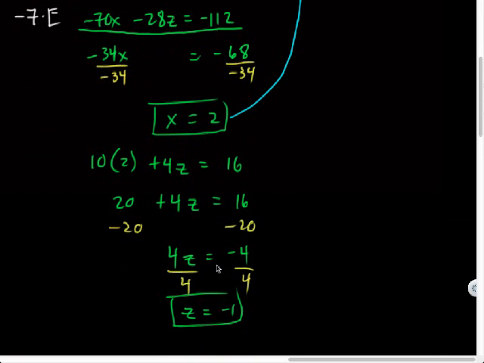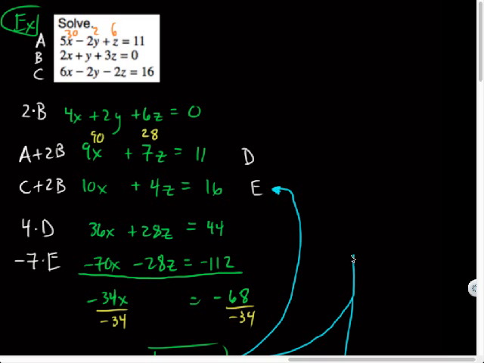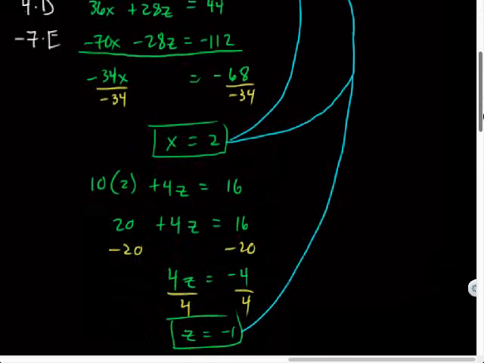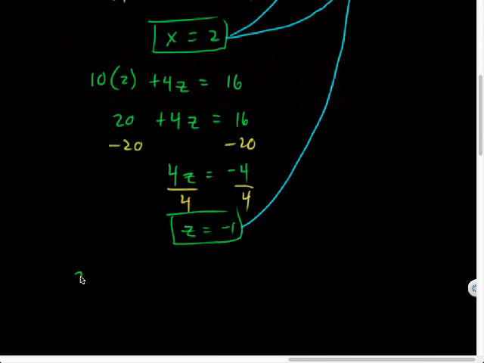So let's take, and I'm going to draw my arrows here, this one and this one are now merging, and plugging it into equation B. So that's 2x plus y plus 3z equals 0.